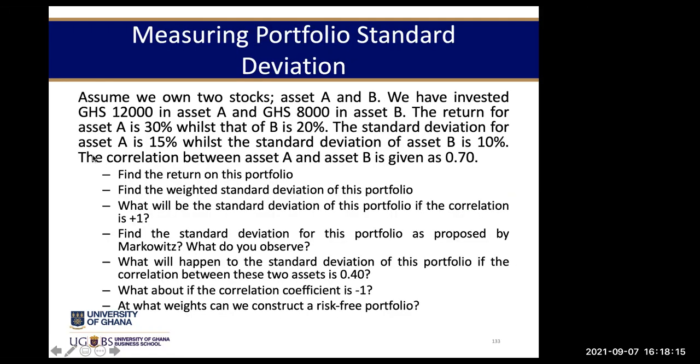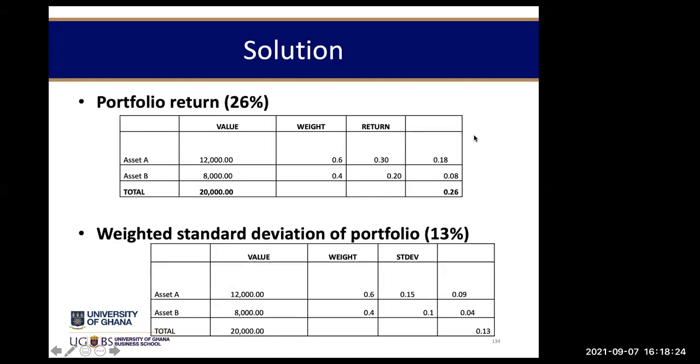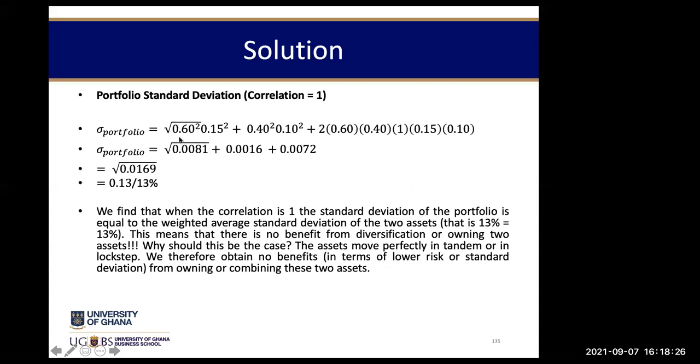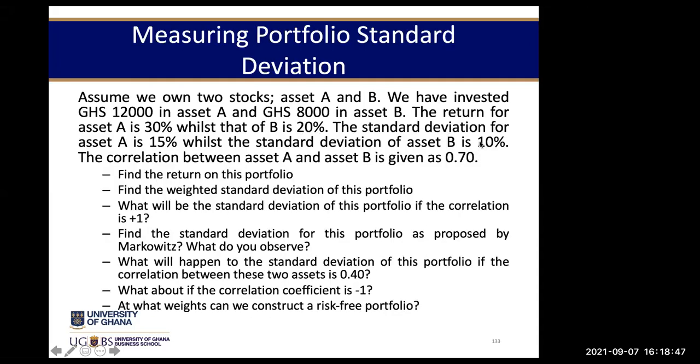The standard deviation for asset B is 10%. So the weight of asset 1, 60%, squared times the standard deviation of asset 1 squared, which is the variance, plus the weight of the second asset, 40%, squared times its standard deviation squared, which was 10%.